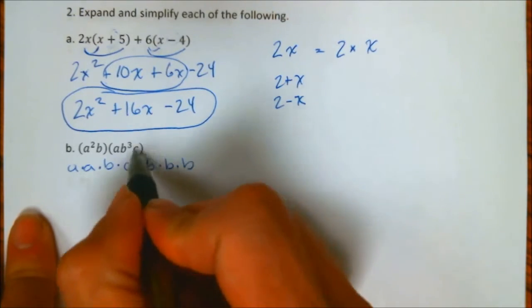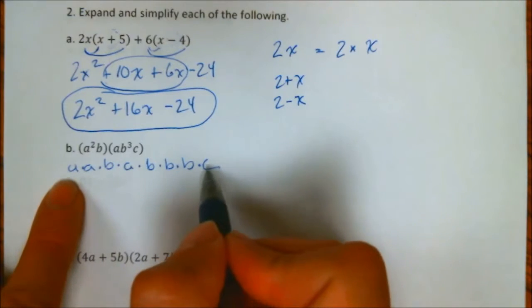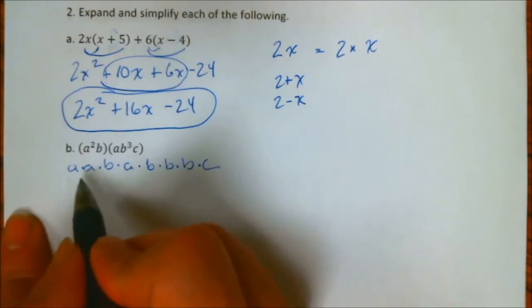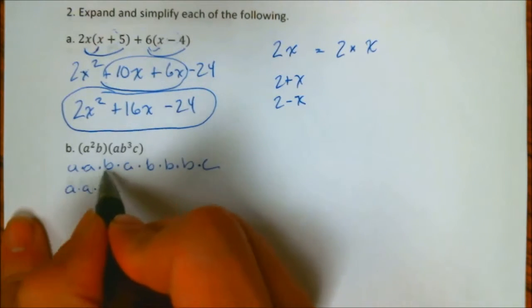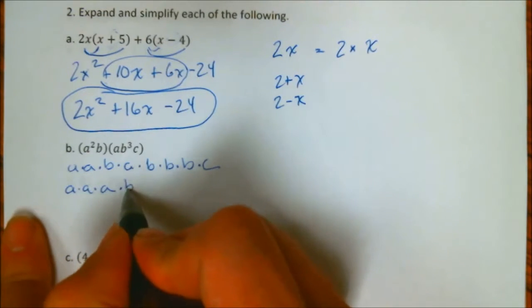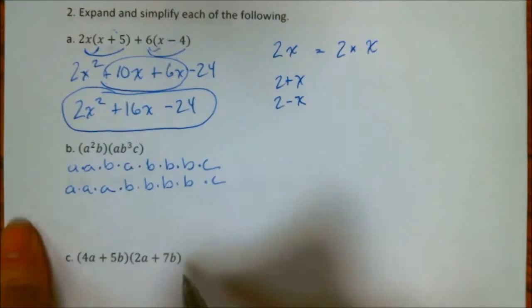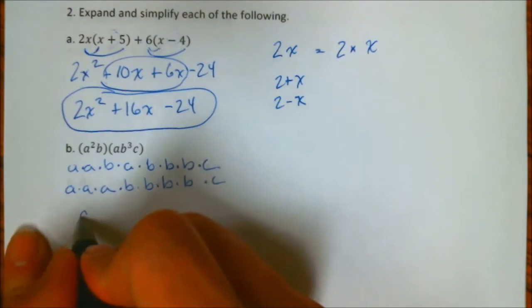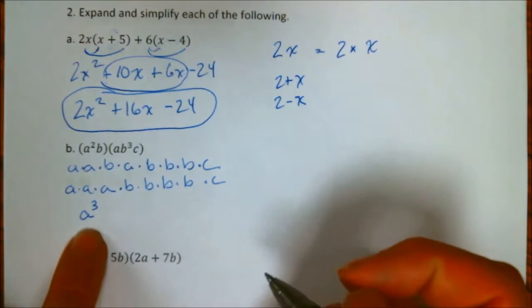times B times C. Now if I use not distribution, if I use the commutative property, this gives me A times A times A, there's all my A's, times B times B times B times B, that's all my B's, times C. A times A times A is A cubed. Some of you wrote the question, I don't know what cubed means.